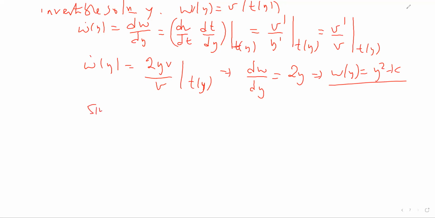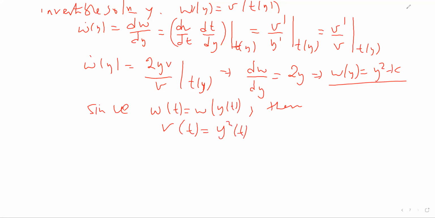But since we say that v of t was equal to w of y of t, then v of t will be equal to y squared of t plus c.